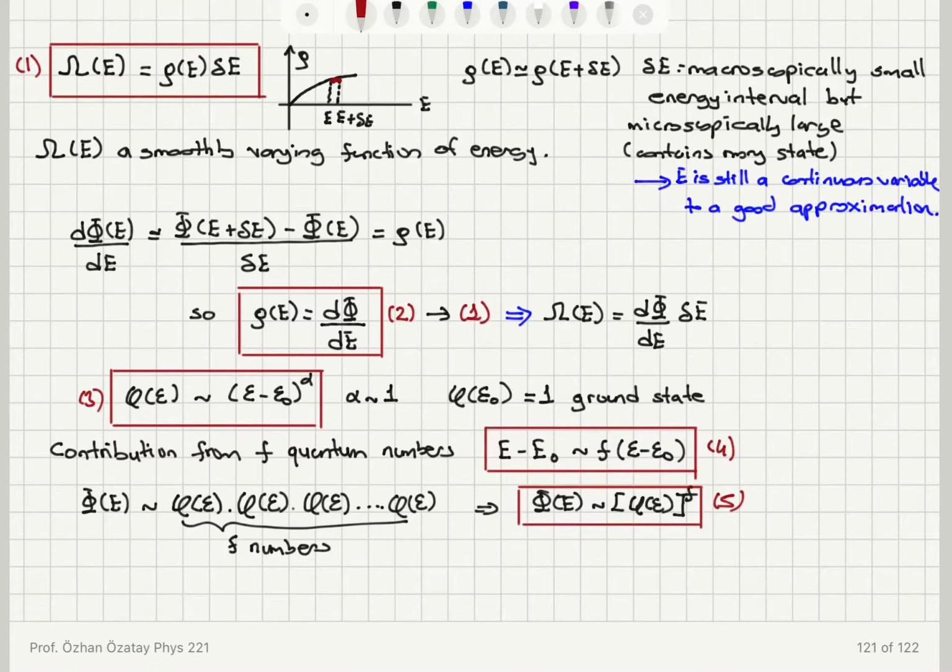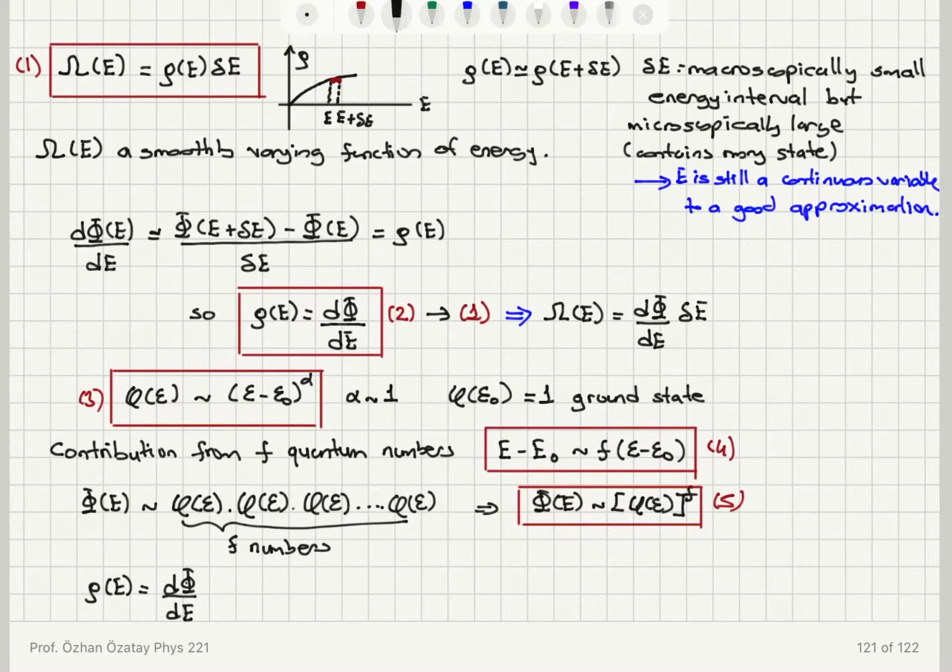Now, if I look at my density of states again, rho, remember it is d phi dE. The derivative of the number of states for energies less than E with respect to E, so it is the number of states per energy interval.